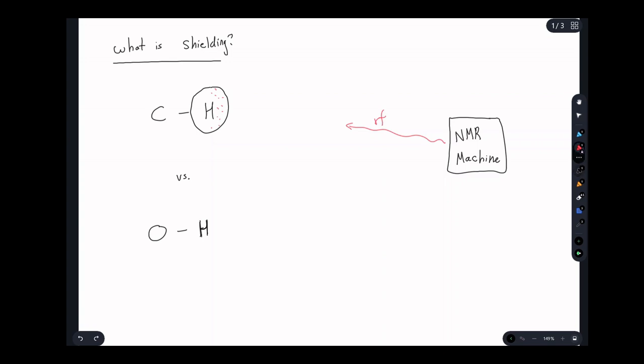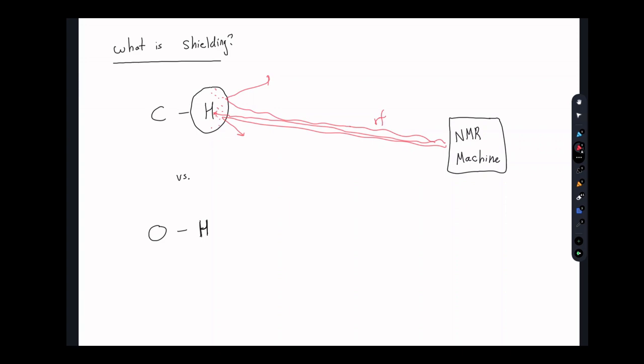And these RF frequencies, while trying to reach that hydrogen proton, can be deflected by electrons. Some frequencies may wiggle through and actually hit, but some of these electrons are basically acting like a shield. Notice the wording. We would refer to this hydrogen as shielded. To be shielded means that you have electrons around you.